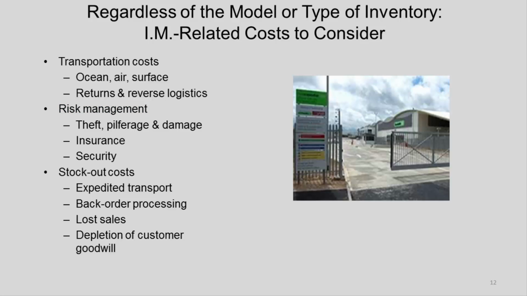And then the final bullet point here, while admittedly more difficult to measure, stock out costs, where we have customers, be it B2B customers or B2C, retail customers, good to go, ready to make a purchase, and we don't have the merchandise, a stock out cost. So maybe we have to expedite transport.